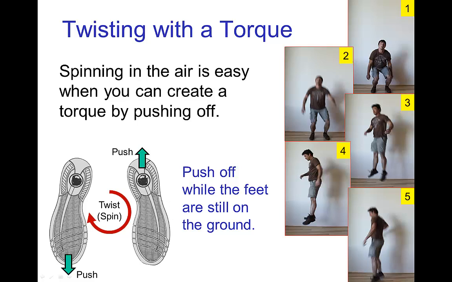So with one foot he pushes back one way, the other foot he pushes the other way, and then if there's a resulting torque from these forces, these are actually the reaction forces from the ground, if we have these two forces, then we have a resulting rotation, and he can twist.